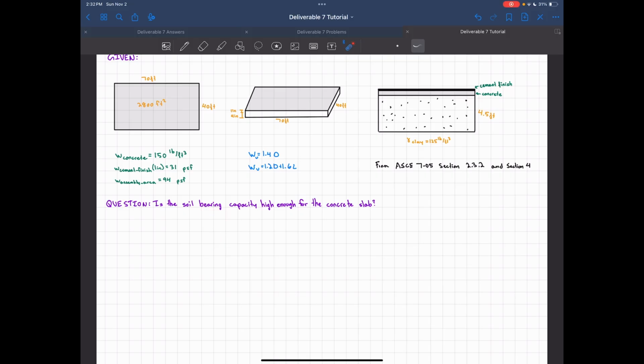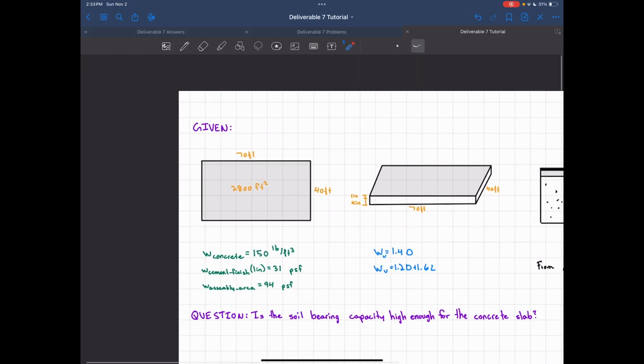This is not going to be the real soil bearing capacity, but calculating the real soil bearing capacity requires a lot more knowledge and a lot more calculations than we have time to cover. You are all going to take geotechnical engineering if you haven't already. So know that this is going to be sort of fake, but we'll walk through it together anyways. It still has some meaning to it, and hopefully you'll learn a thing or two as we do.